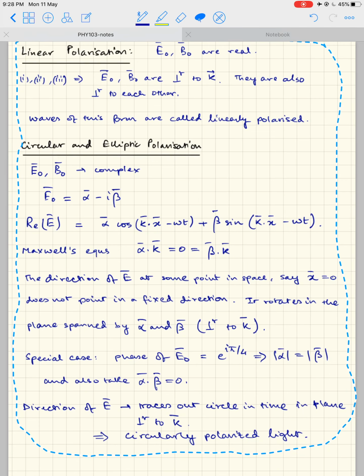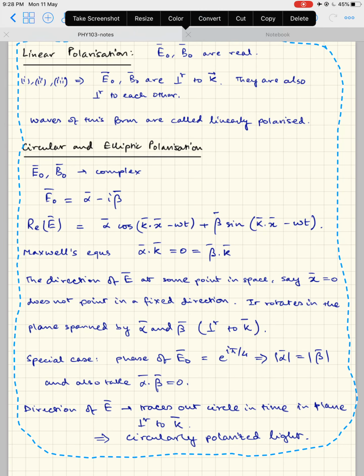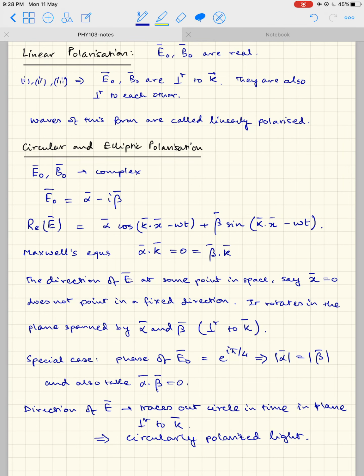So let me just say otherwise this vector traces out an ellipse, and hence is called elliptically polarized light.